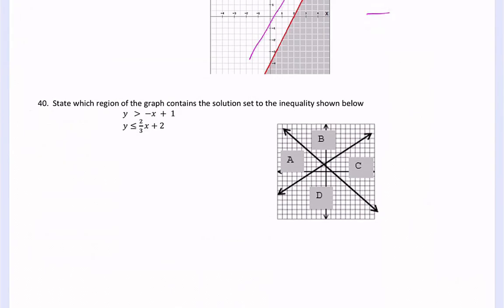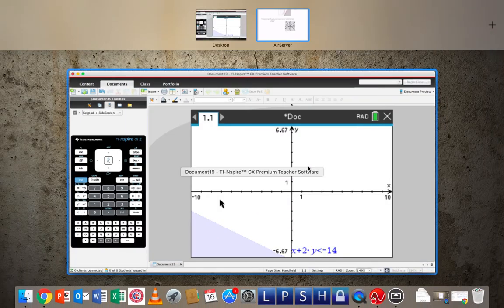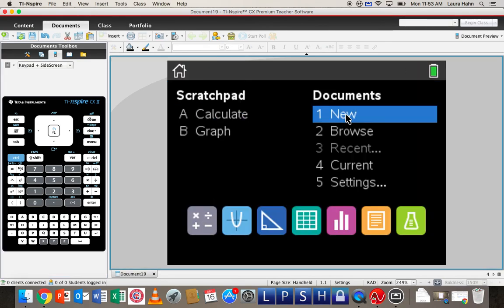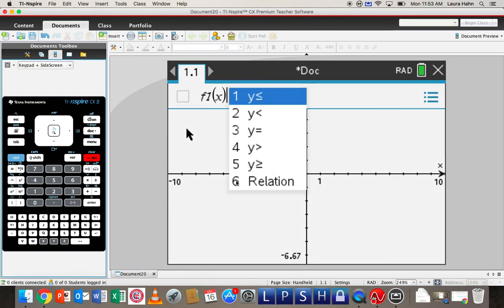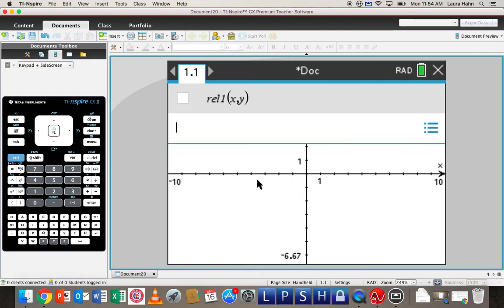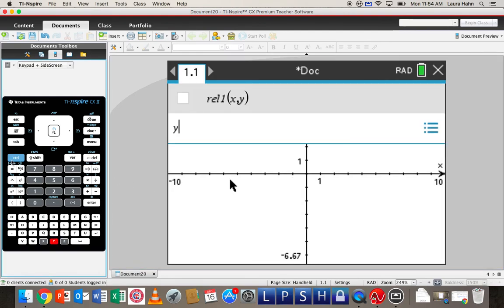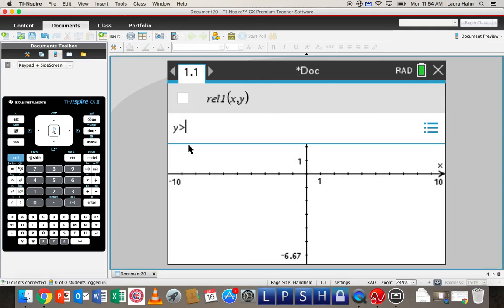Okay, number 40, state which region of the graph contains the solution set to the inequality shown below. So what I'm going to do is I'm going to graph these two guys. I'm going to change it to relation. Type in my first inequality, y, Control equals, make sure you pick the right one, it's the very first one.